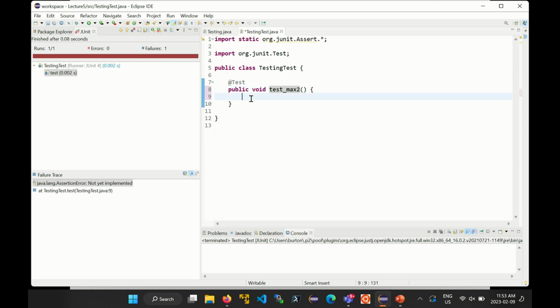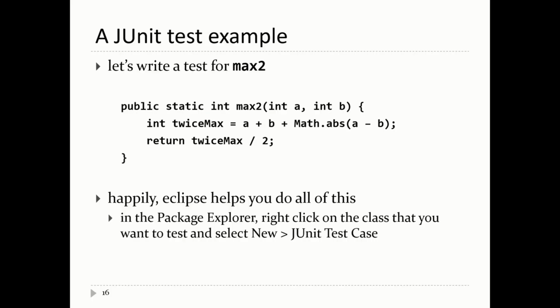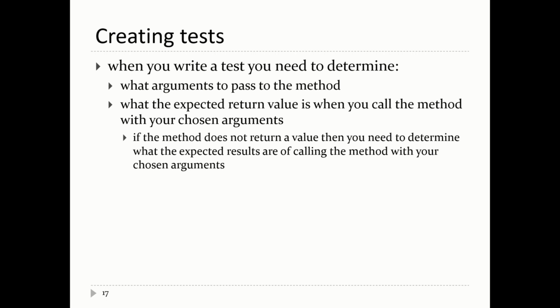All right, and now you write your test case. When you write a test case, you need to determine how you are going to call the method. In other words, you need to pick what arguments you're going to pass to the method. When you decide what arguments to pass, you have to determine the expected result of running the method with those inputs.